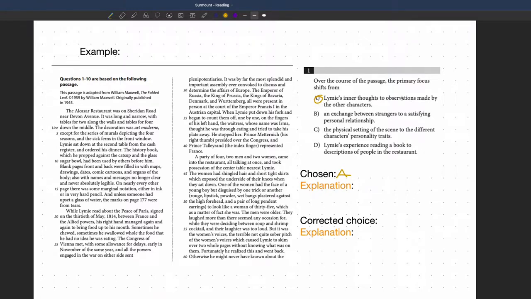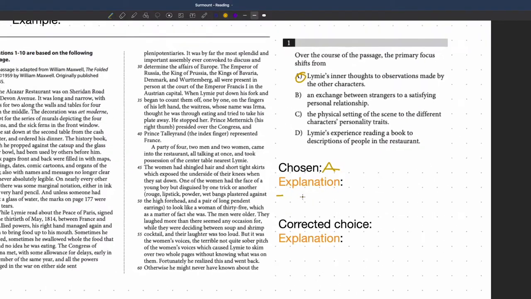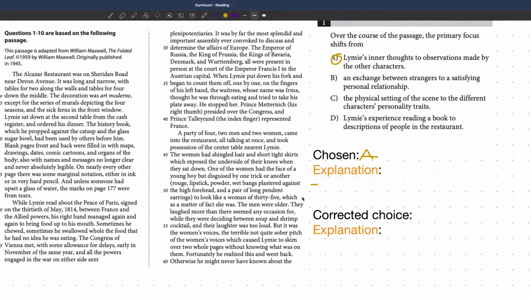Choice A is Limey's inner thoughts to observations made by the other characters. So I can write an explanation as to why I thought this was the correct answer.